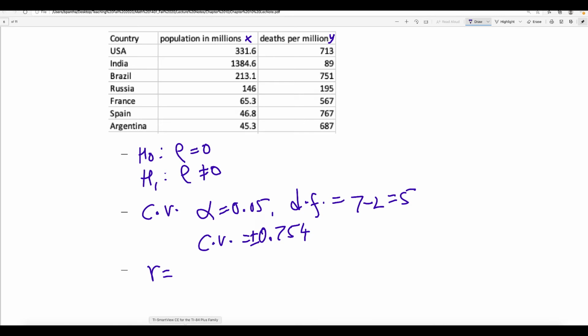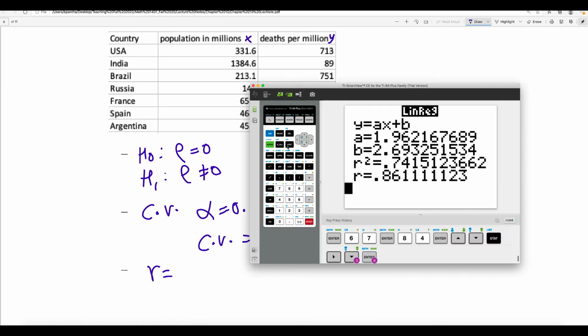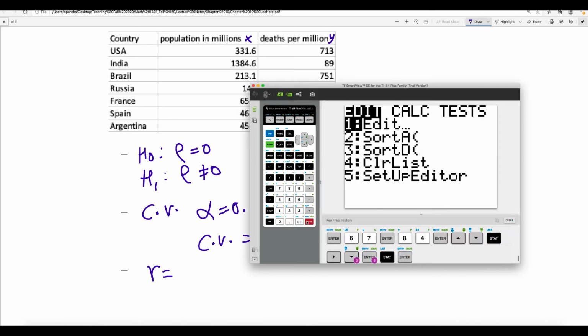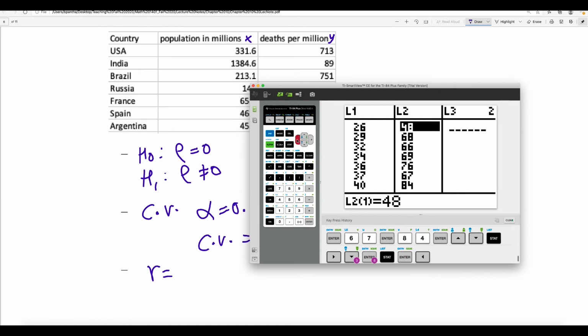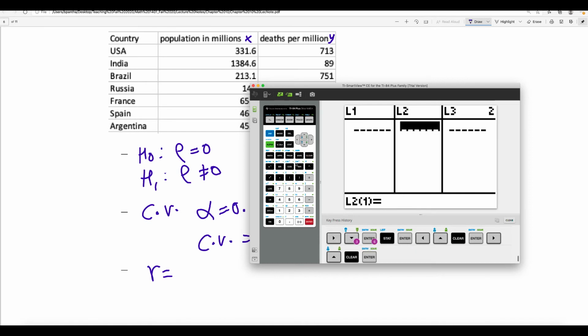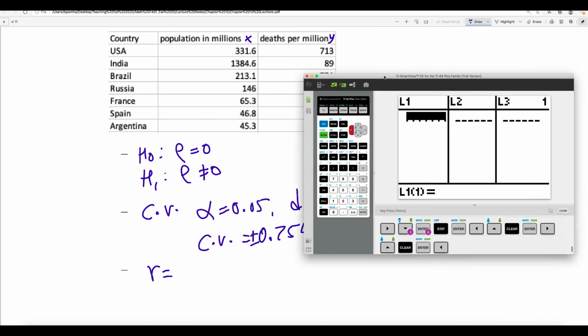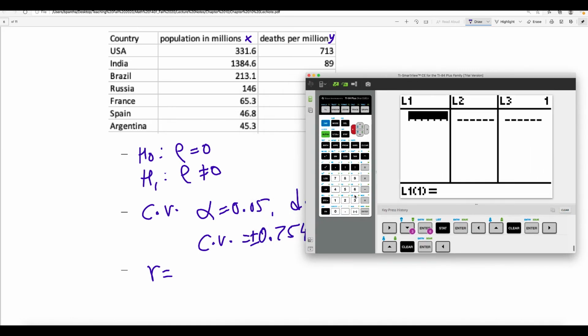Okay, let us do that. Let me clear what I have there. On L1 I have all those values. I want to clear that, and I want to clear L2 as well. Then we will enter the new values. 331.6 is the first, and 1384.6 is the population of India.